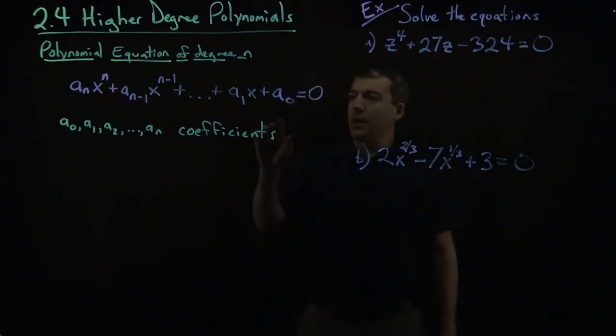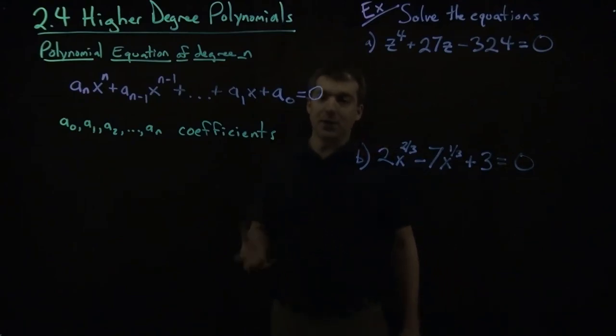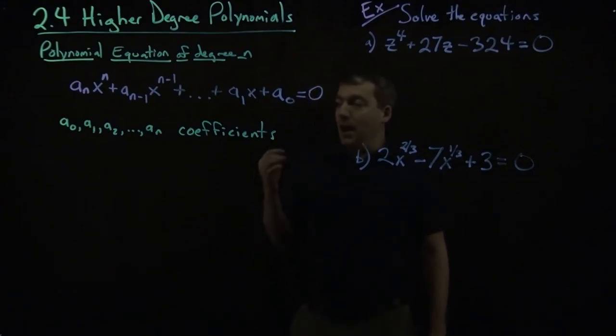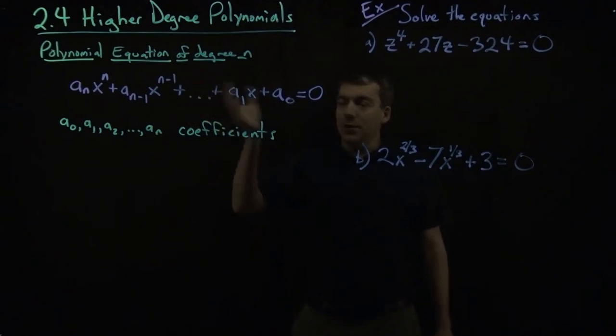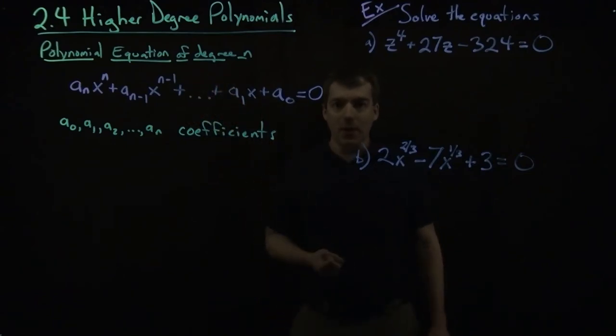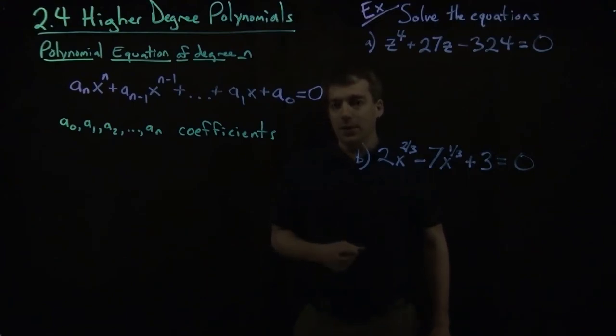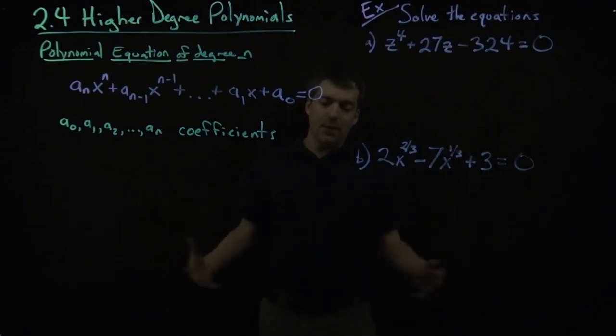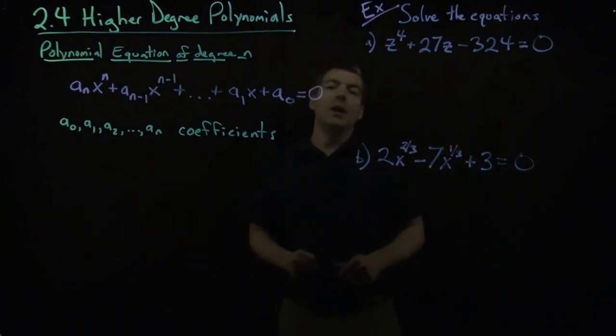Now we're typically interested in, since we have an equation, finding values of x that solve the equation. And for higher degree polynomial equations, we have to work a little bit harder to find the solutions. Eventually you're going to pick up an entire suite of tools that will help you find those.